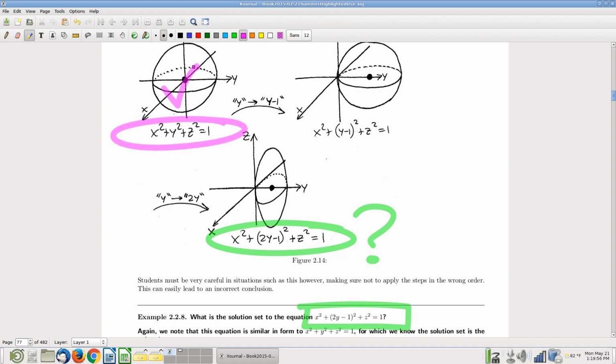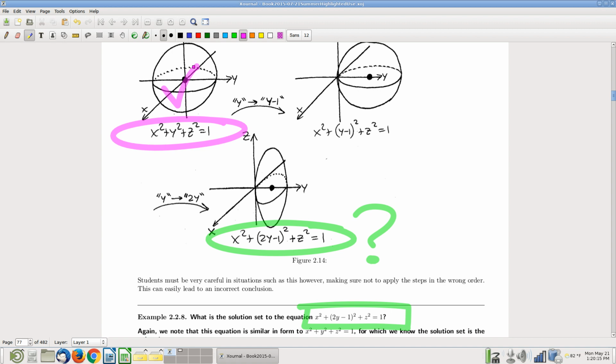So all you've got to do is be careful in your process, and at each step along the way, think about algebraically what did I do, and geometrically what's the corresponding upside down, reversed, whatever you want to call it, opposite resulting geometric effect.